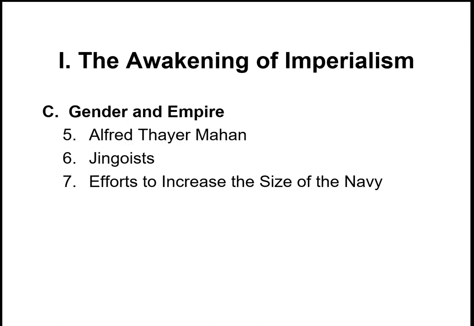And Theodore Roosevelt and some others that were really war enthusiasts argued that adult males of the late 19th century needed a war in order to prove their manhood. And this militarism led to efforts to increase the size of the Navy, and by the year 1900, the U.S. fleet boasted 17 battleships and 6 armored cruisers, becoming the third most powerful Navy in the world.